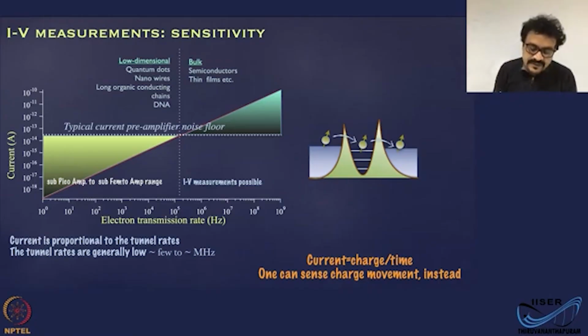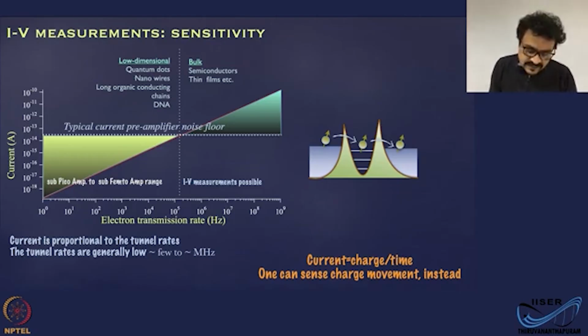What I have here is a representative plot of electron transmission rate and the current on the y-axis, and of course it is going to be a straight line.